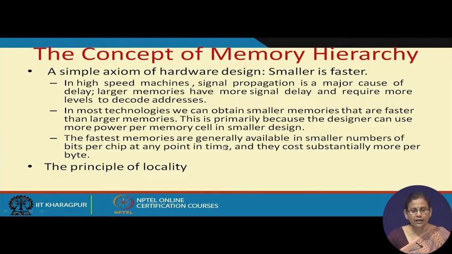Now, the fastest memories are generally available in a small number of bits per chip at any point of time, and they cost substantially more per byte. The fastest memory elements are kept nearer to the CPU due to this principle of locality: the same program code and the same blocks of data are going to be accessed.